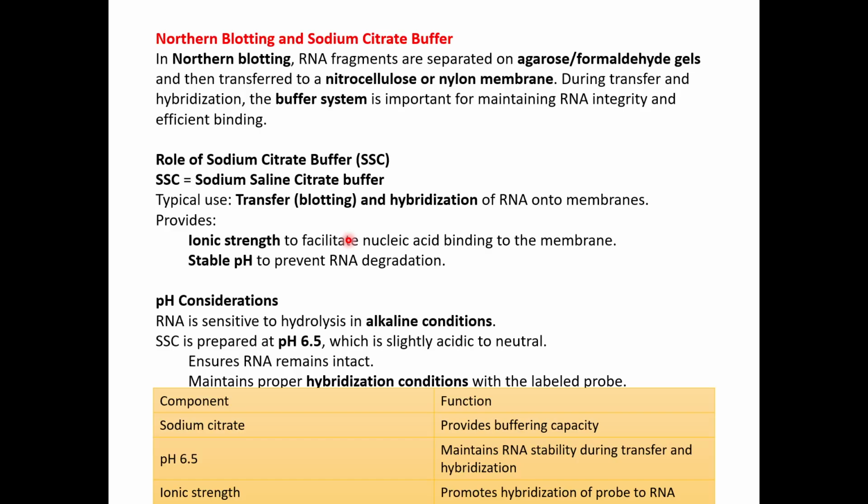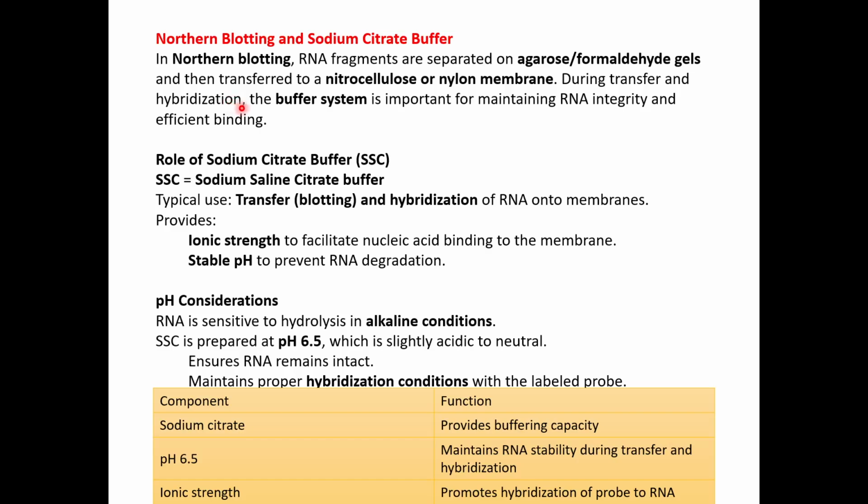Then we have northern blot and sodium citrate buffer. In northern blot, RNA fragments are separated on an agarose or PAGE gel depending on whatever difference you want to observe. So formaldehyde gels, and then transferred onto a nitrocellulose or a nylon membrane.